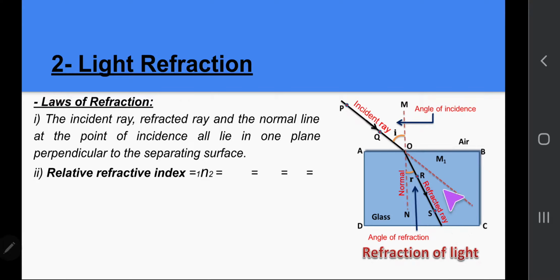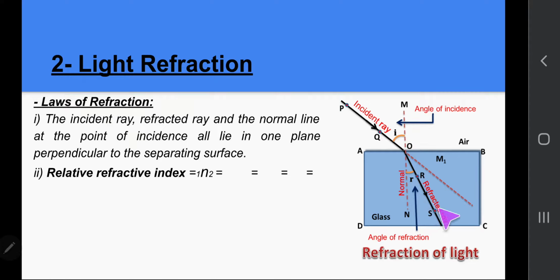Okay, so light refraction is a change in light direction when it passes a separating surface between two transparent media having different optical density. Air has a certain density and glass has another density, so the velocity changes from one medium to another.